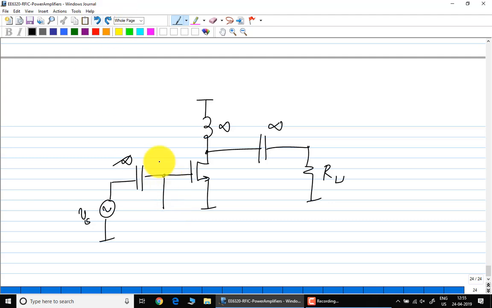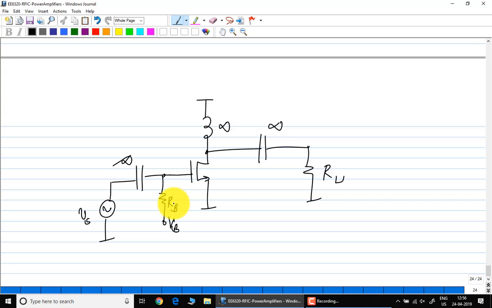This is the simplest possible configuration we started off with. I'm not showing anything else. I'm going to use this as my template. This of course depends on the choice of I bias, correct?